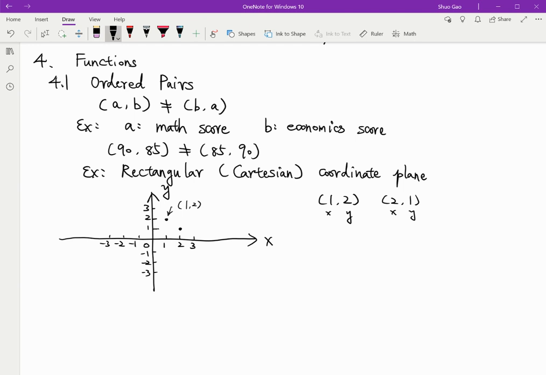So here, this is (2, 1), right? But this is (1, 2). So this point is (2, 1) here. It's different from (1, 2), right? So we can see that all the ordered pairs can be drawn in this coordinate plane, right? So this is also called the Cartesian plane.